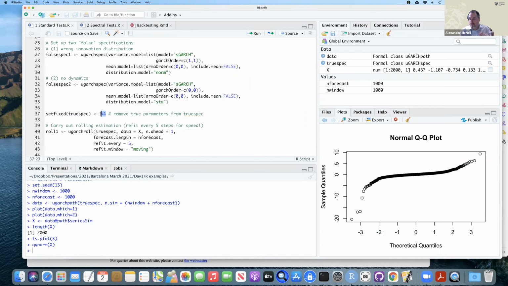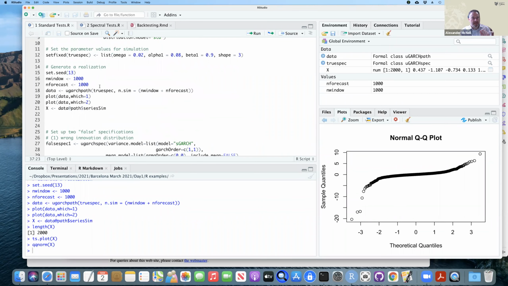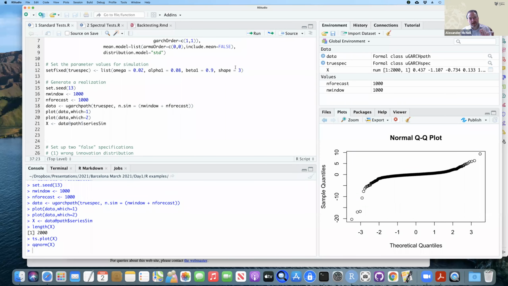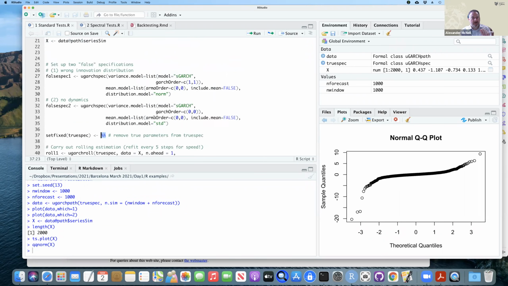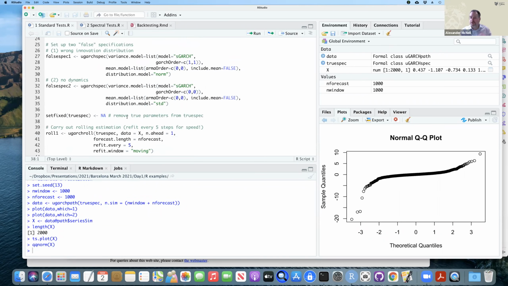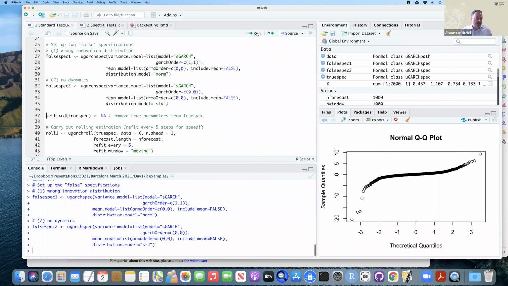So NA means missing value. Basically, instead of putting in correct values, I put in a missing value and that removes the true parameters. So I'm going to set up the false spec 1 and 2 and the true spec.